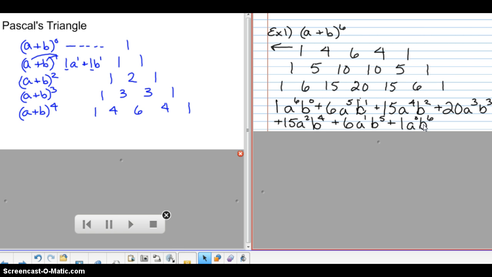The last thing I have to do is simplify. Because if you notice, B to the 0 is 1, A to the 0 is 1.